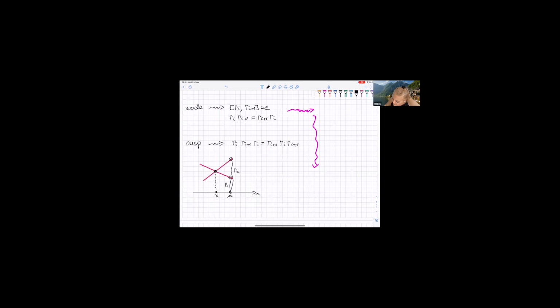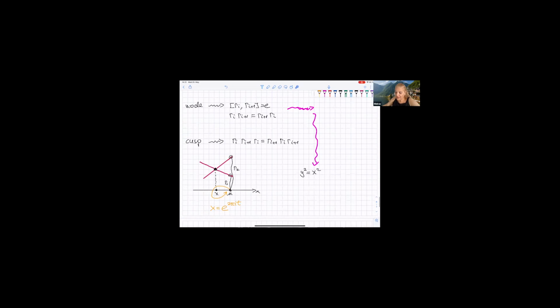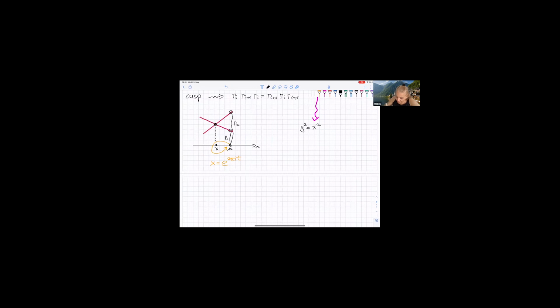And we know that the local equation for this is y squared equals x squared. Now I take a small loop of M around x, and I denote it by e to the 2 pi i t. Now, if I take this one and I substitute here, you can see that we can get the following thing.